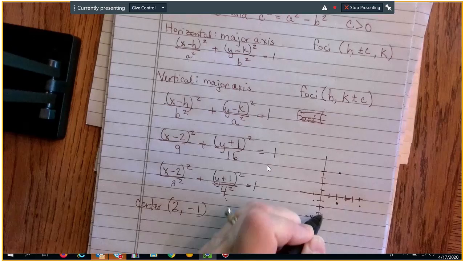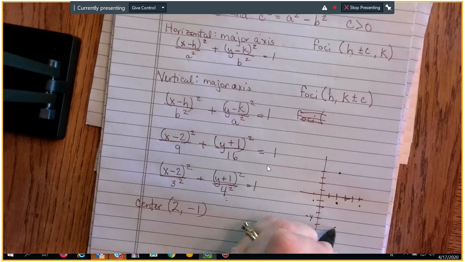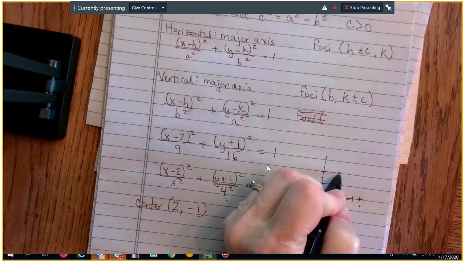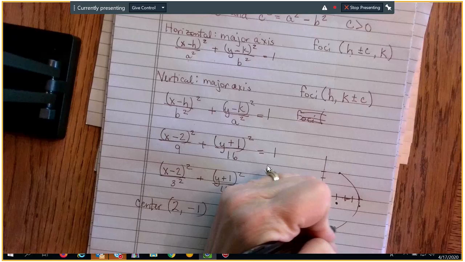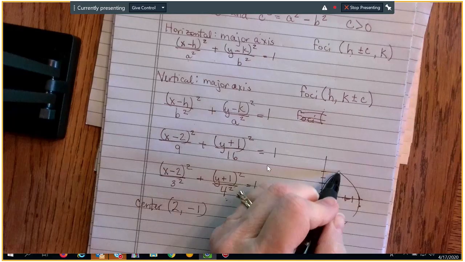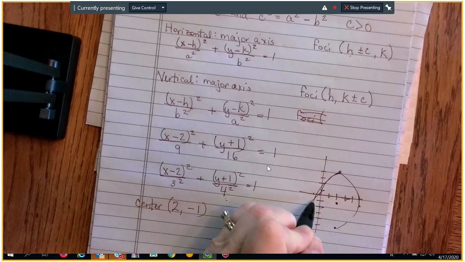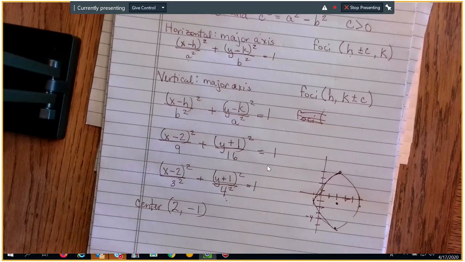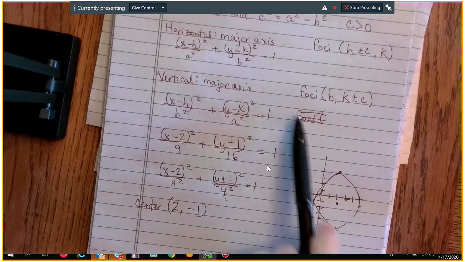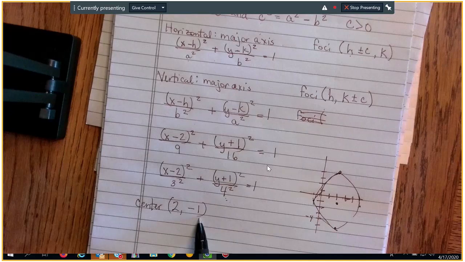And so this is going to be my ellipse like this. Now we found the ends, we found the ellipse, we found the center.